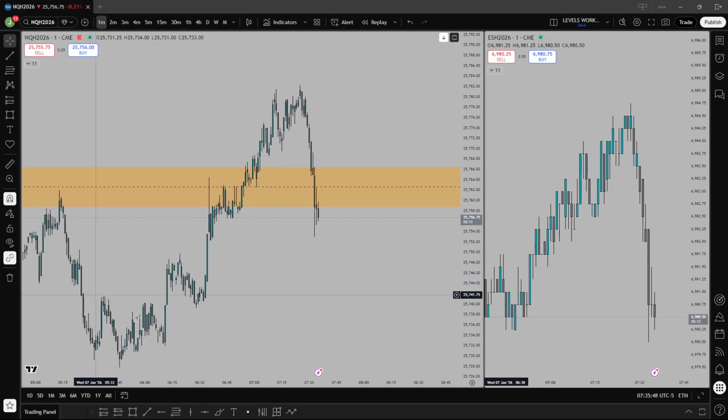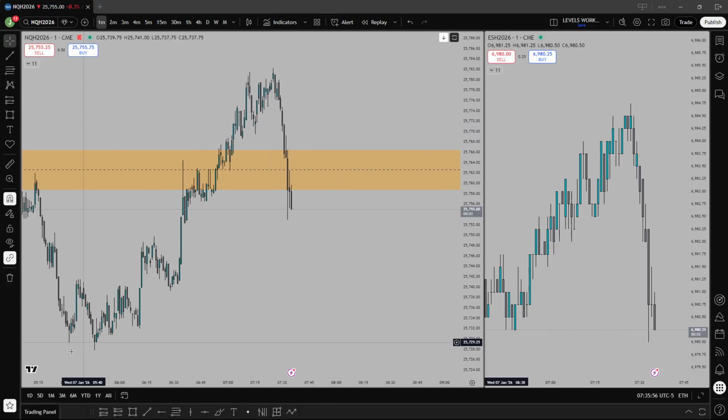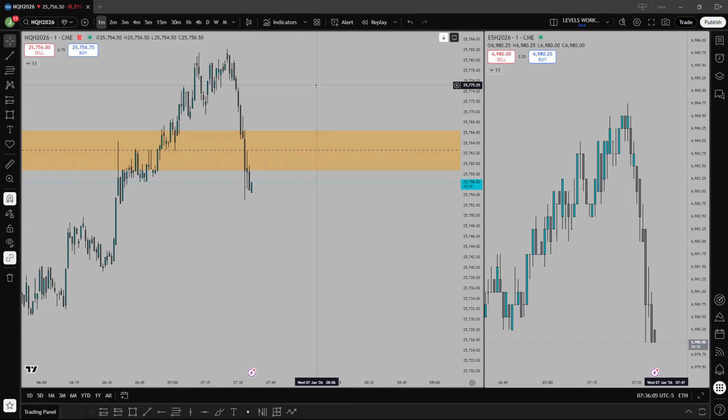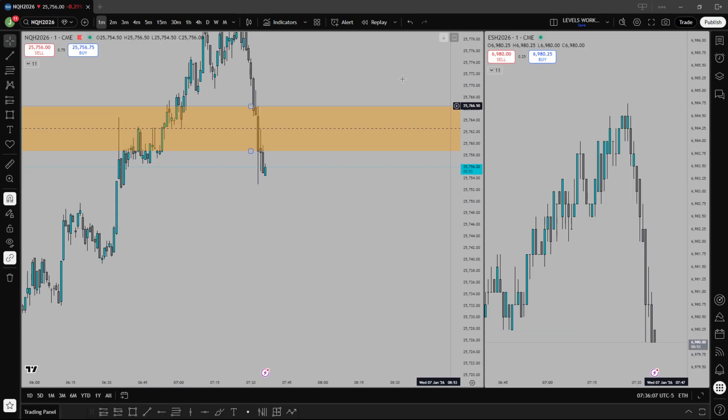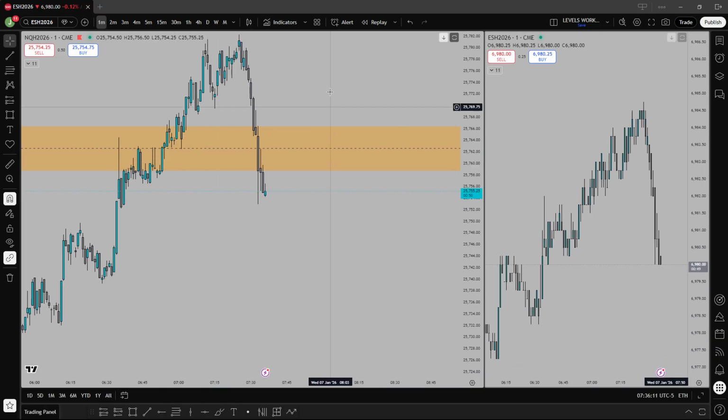Could this be a market maker sell model? Impact 50 of this range, so that's high probability, but let's see. This is what I was expecting, to be honest.